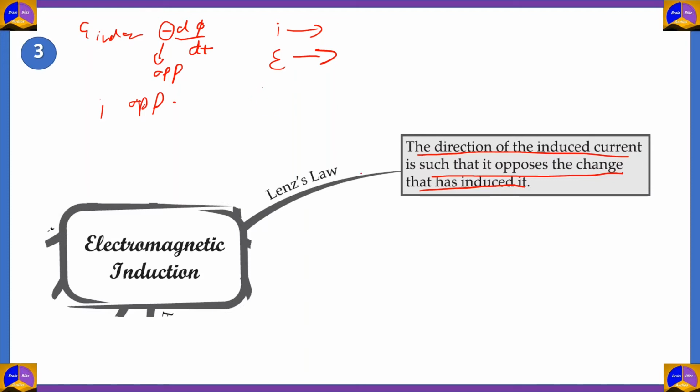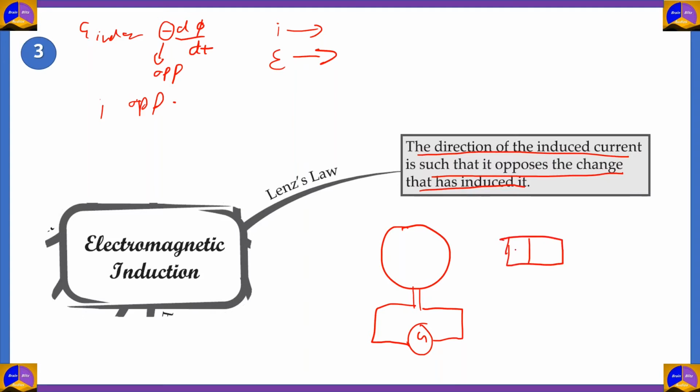So therefore, we draw a closed conducting loop with a galvanometer for measuring the current passing through it, and now we use a magnet, a bar magnet preferably, and the flux is changing as we move the magnet closer or farther away.